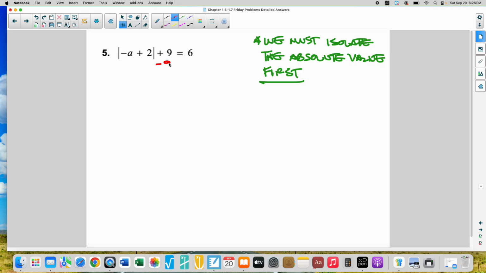So we have to -9 minus 9. We get the absolute value of -a plus 2 equals -3. Red flag, absolute value cannot equal a negative distance. So this answer is going to be no solution. You can't have an absolute value equal to a negative number.